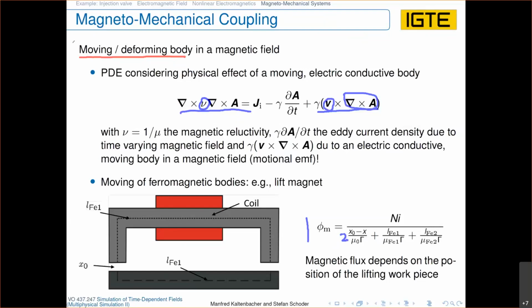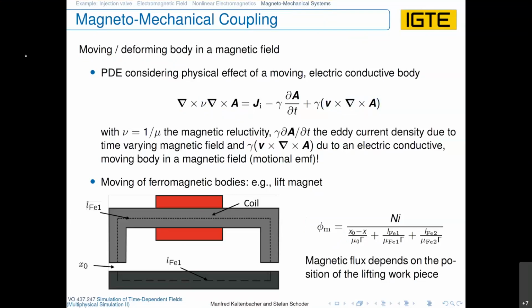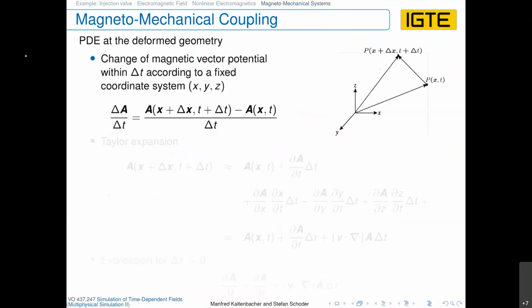So the question is, what do we have to do in order to take also such effects into account? And that brings us to the following situation, that we have to consider that any material point you have within a body is a function of space, so of x, and of time.